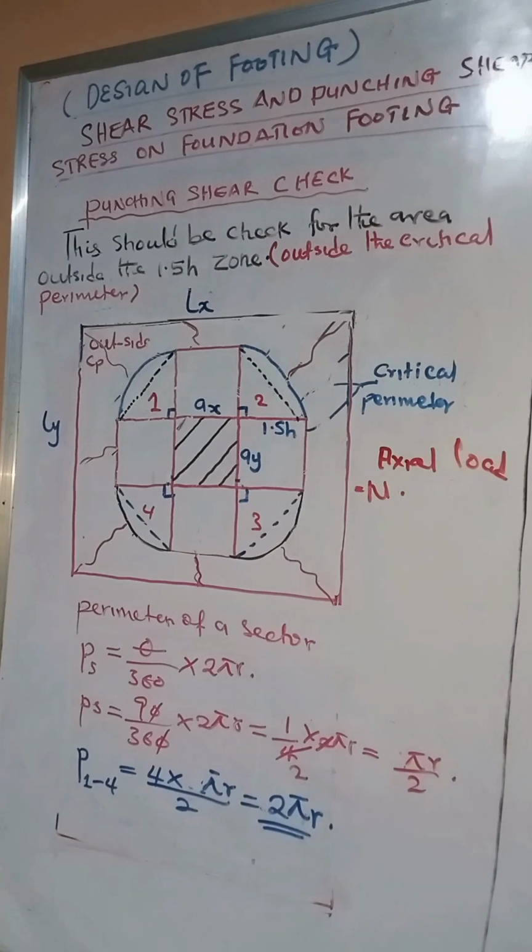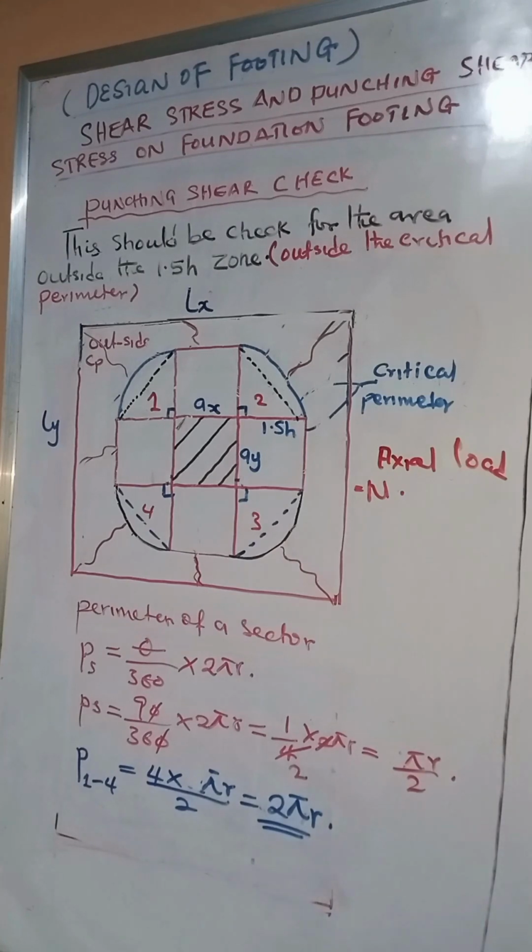Now, for us to do that, we have a rectangular footing on the board, which I call LX and LY as the dimensions of the footing. And we have an area which we call the critical perimeter for punching. Now, according to our code, the critical perimeter for punching is measured from the point 1.5 H from the face of our column.